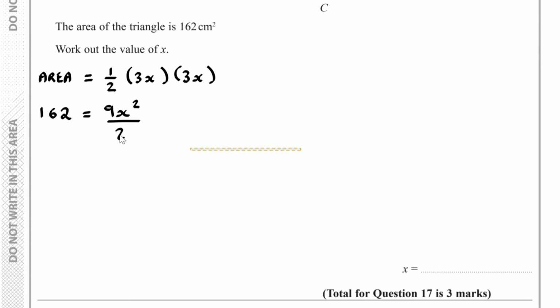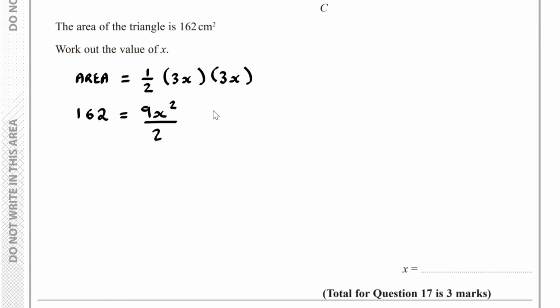So to find out what x is, let's multiply both sides by 2. So 162 times 2 is 324. So I've got 324, which is equal to 9x squared.